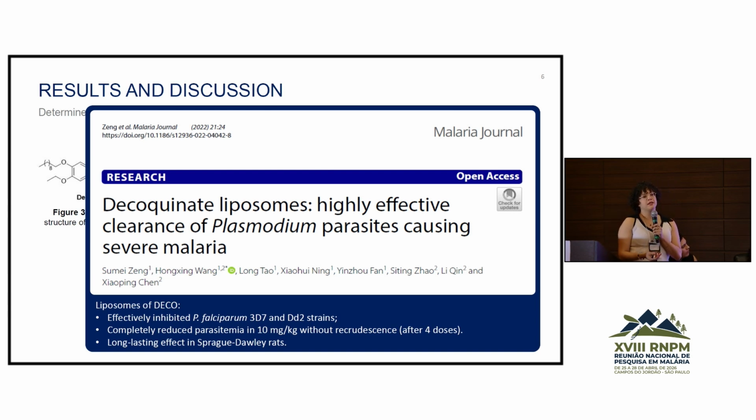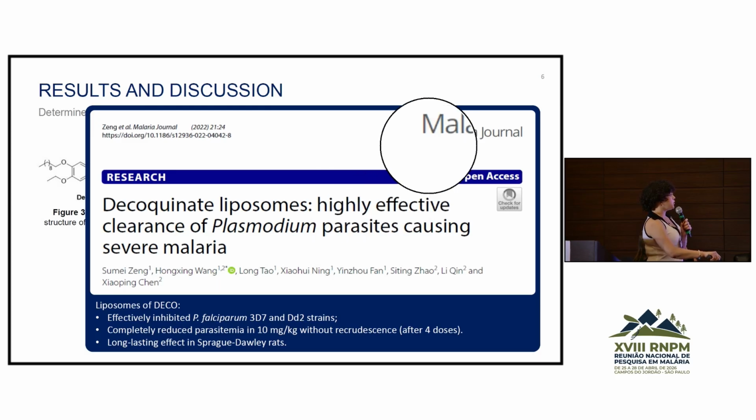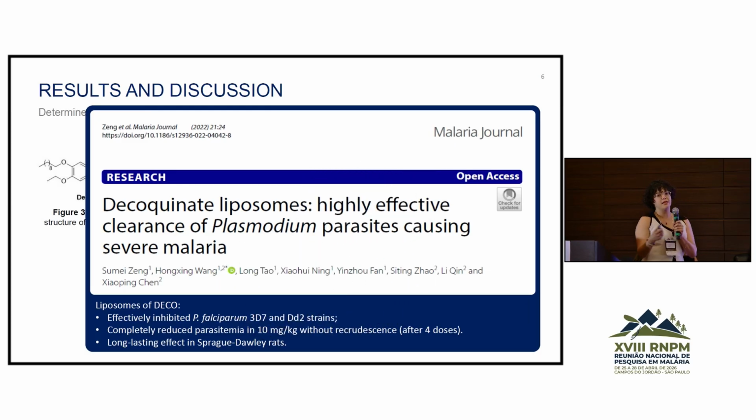And here is a piece of data showing that the nanoliposome of the cocoate has shown a promising inhibitory effect, and also reduced the parasites with a dose of 10 milligrams per kilogram, and they also reported a long-lasting effect in Sprague Dawley rats.